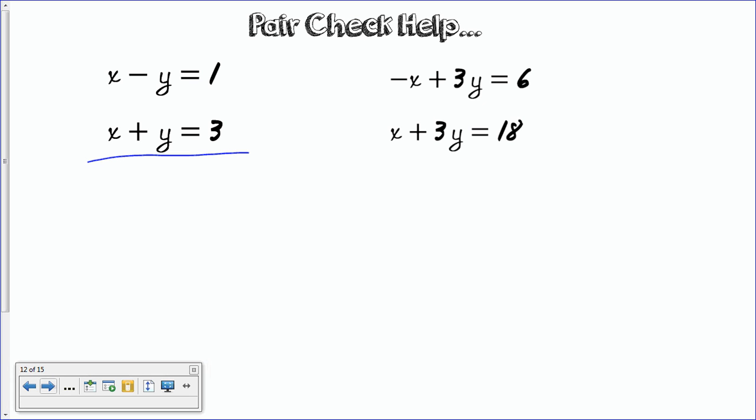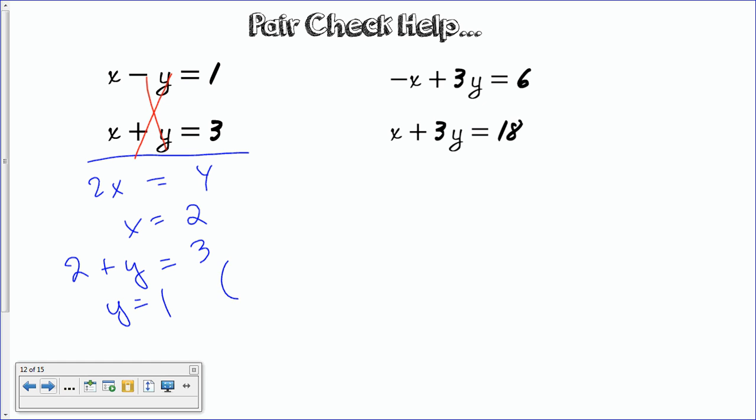Okay, so I can eliminate the Y's, which ends up giving me x equals 2. Which one do you want to sub it back into? Second one? Okay, which gives me 2 plus 4, right? No. Two.